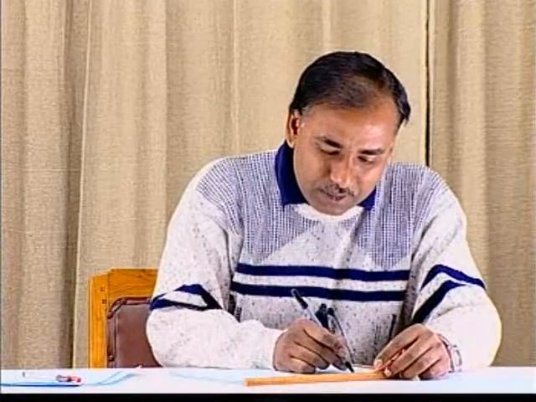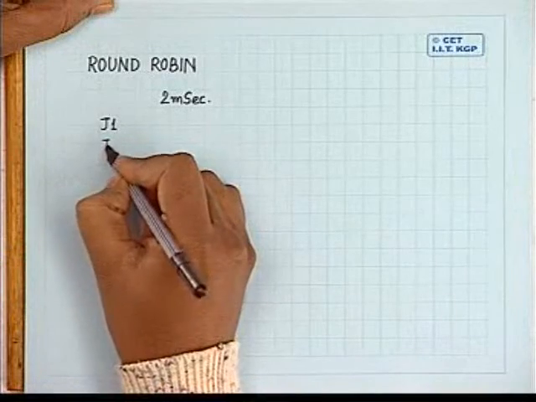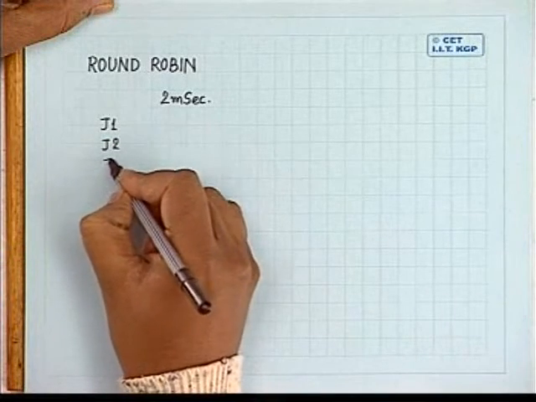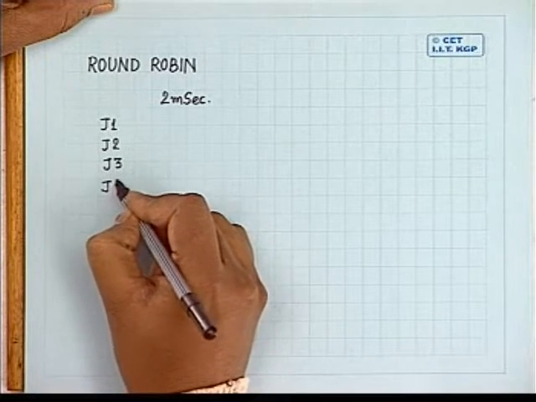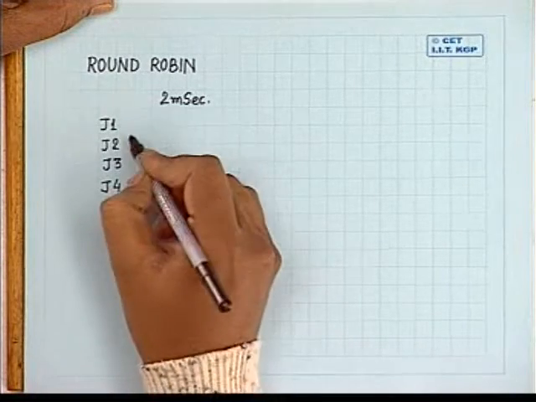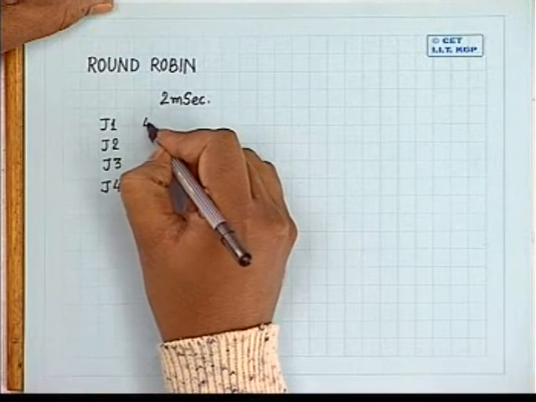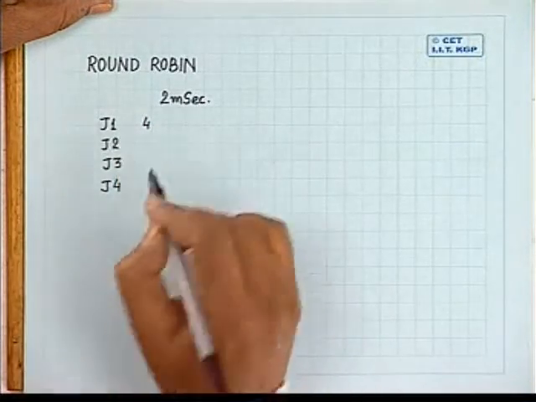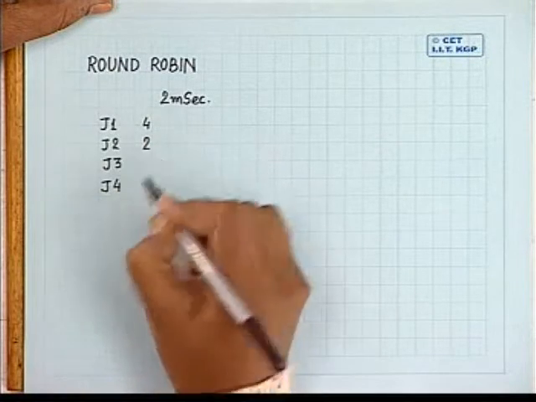Okay. So I have a situation like this. Coming back to a similar example, suppose I have job J1, job J2, J3, J4. Job J1, let us assume, takes 4 milliseconds. Job J2 takes 2 milliseconds.